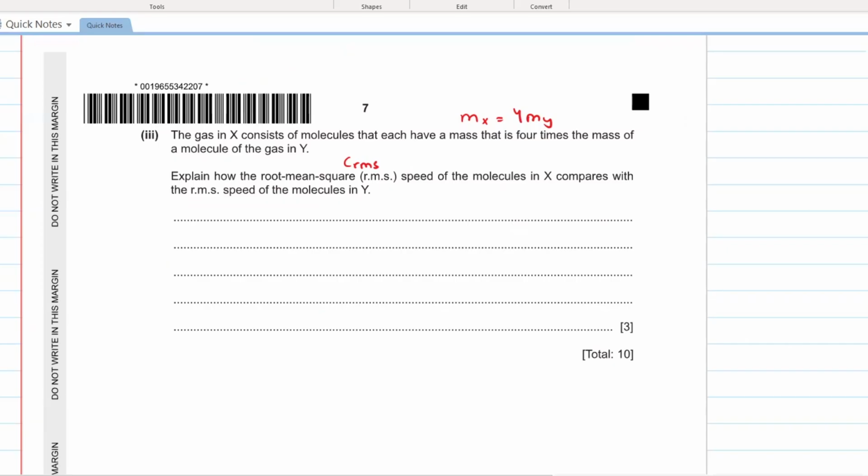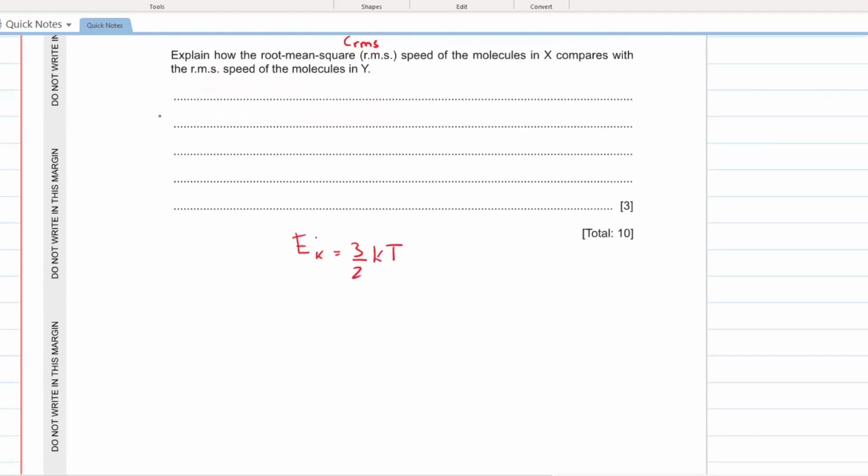First and foremost, we will apply a very simple equation. Kinetic energy is equal to 3 over 2 kT. In place of kinetic energy, what can I write? 1/2 m c² is equal to 3 over 2 kT. The 2 cancels out.